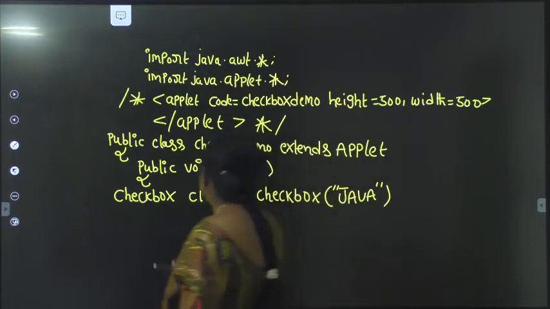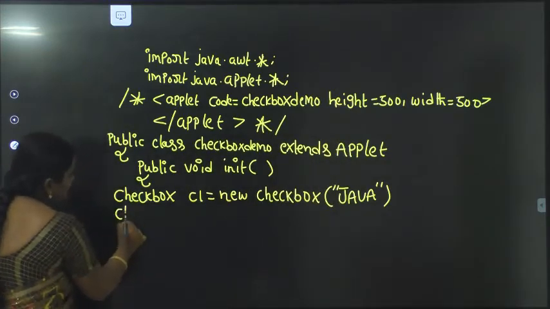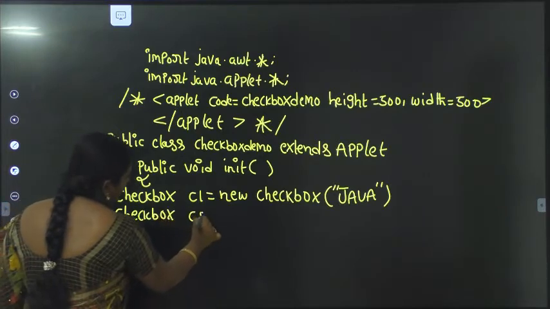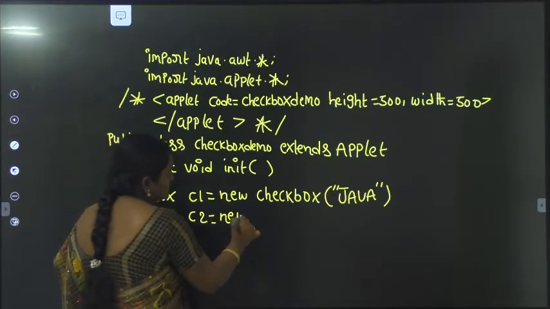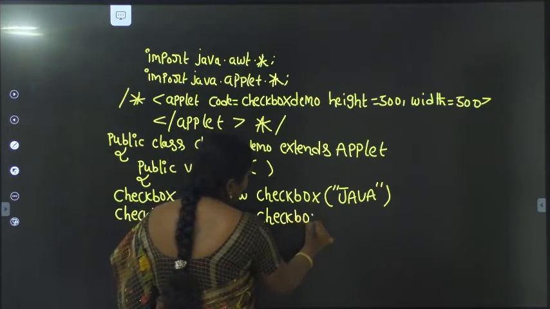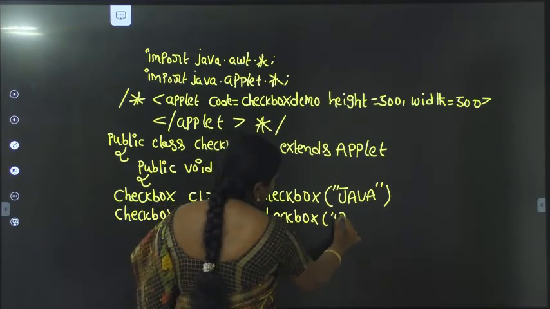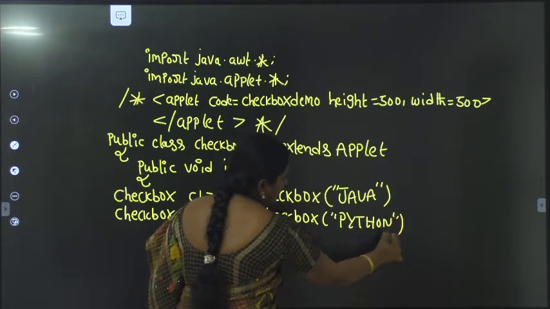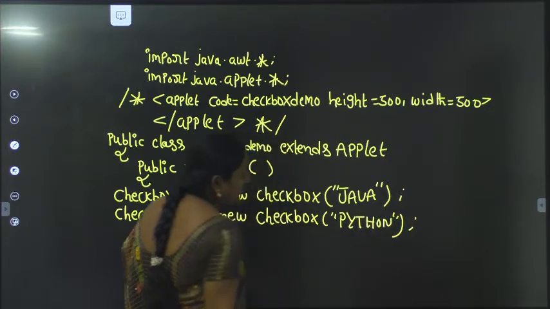So next we have to create one more checkbox. Checkbox c2 equal to new Checkbox("Python"). Every statement is terminated by a semicolon.